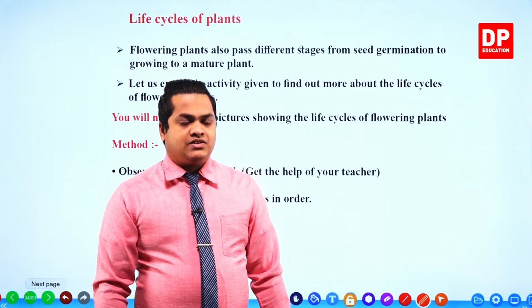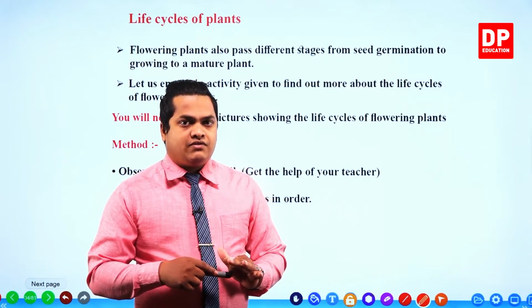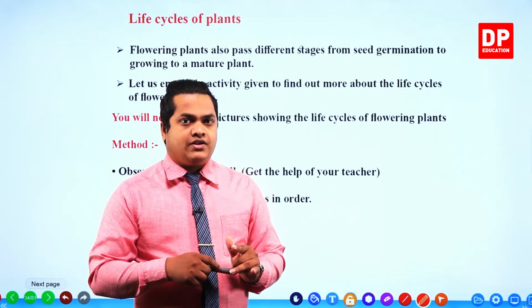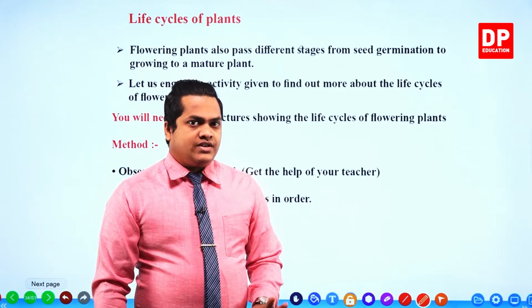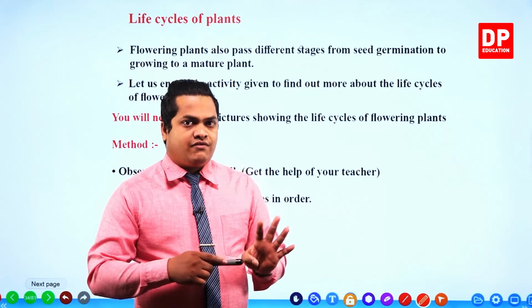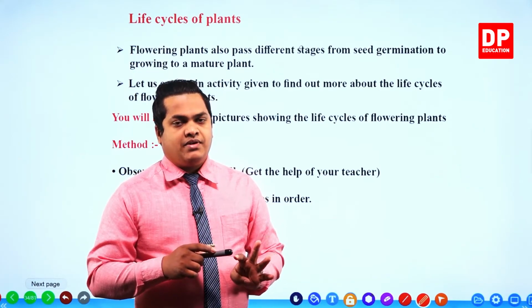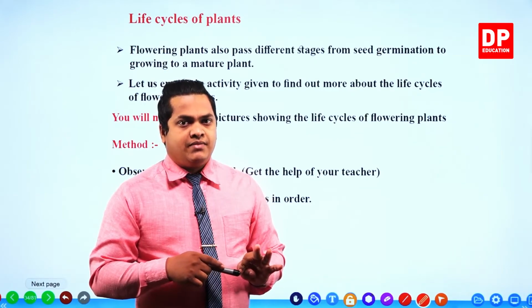Like in the earlier cases, we discussed the life cycle of a butterfly, the life cycle of a frog, and finally the life cycle of a cockroach. Two of these organisms undergo complete metamorphosis. The frog undergoes complete metamorphosis, and the butterfly undergoes complete metamorphosis.